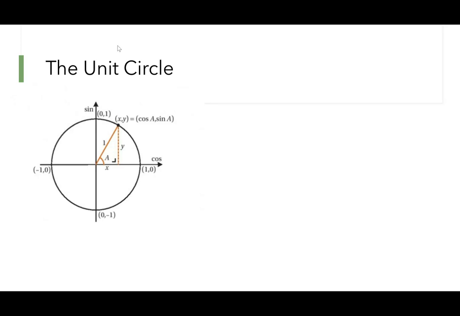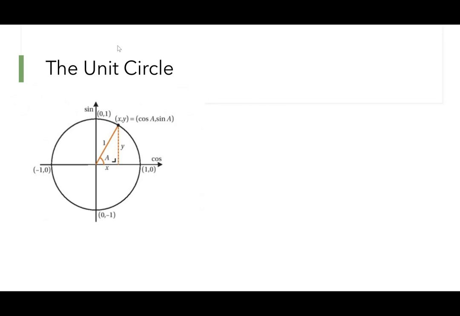So if I drop that down there, my reference angle, let's just call this B for the minute, should always be to the horizontal. So I'm always taking a reference angle from the horizontal, and we'll see that as we go through this.